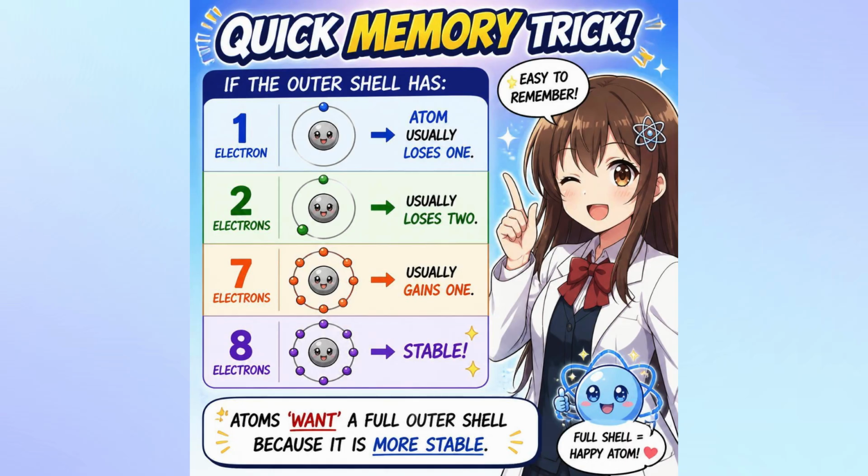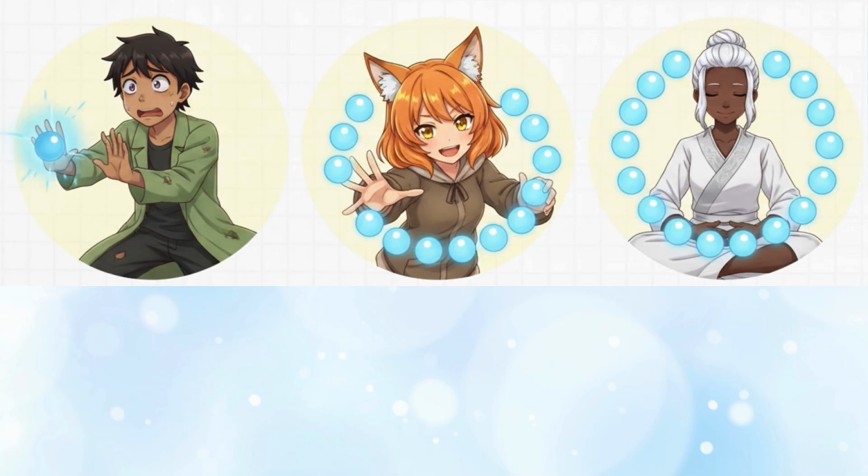Atoms want a full outer shell because it is the most stable, filled by 8 electrons. So as we just talked about, if an atom has only 1 electron, it loses this 1 electron. If it has 7 electrons, it needs just 1 to gain. If it has 8, it's stable. No need for any electrons.